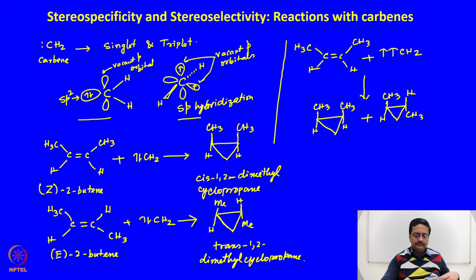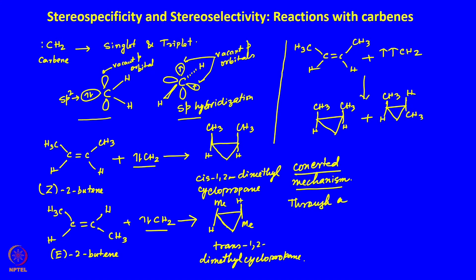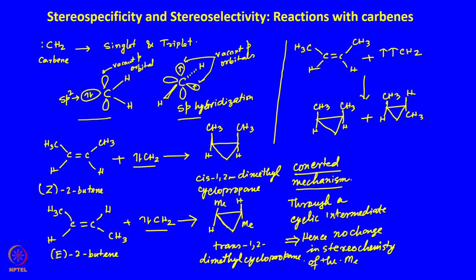So from this observation, one can conclude that the reaction with the singlet carbene happens in a concerted mechanism, so that this happens through a cyclic intermediate and hence no change in stereochemistry of the methyl groups.